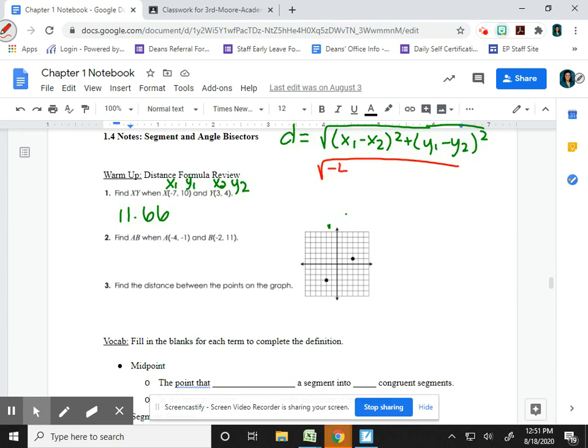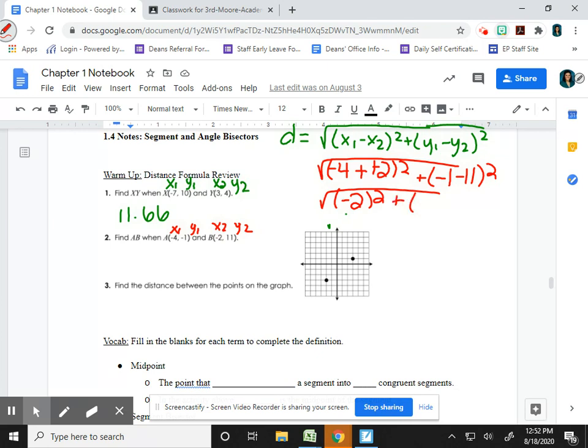The second one, x1 is -4 and x2 is -2, so -4 minus -2 squared, because again, x1, y1, x2, y2. Then I'm going to put my y's in, and my y's are -1 minus 11 squared. Now I'm going to simplify this down, and don't forget that this becomes plus plus, so it still gives me a -2.